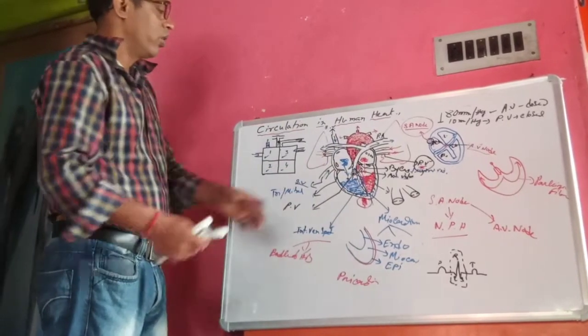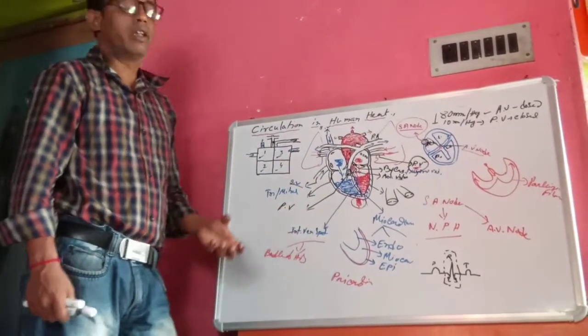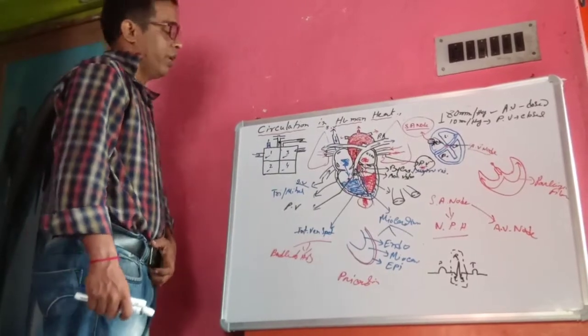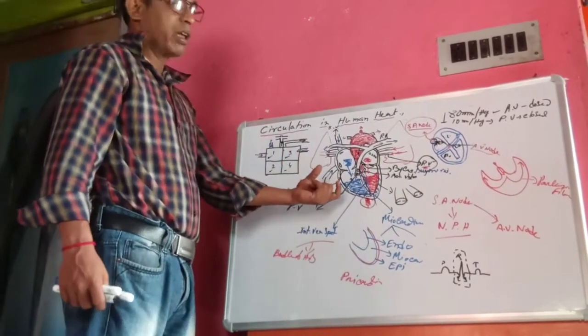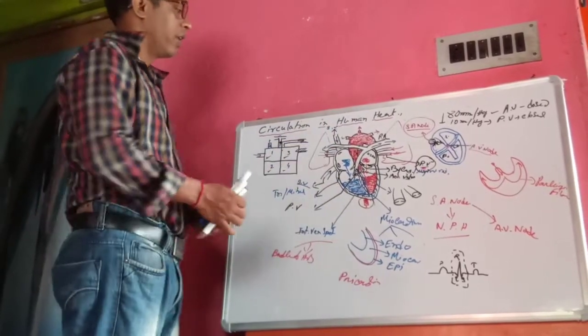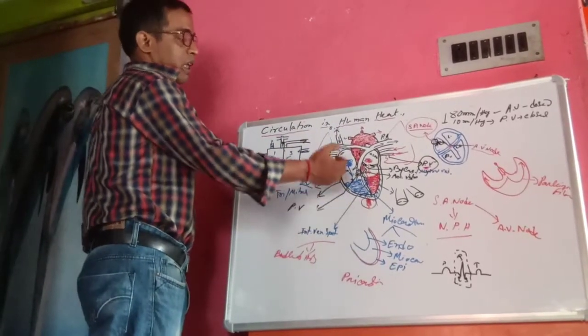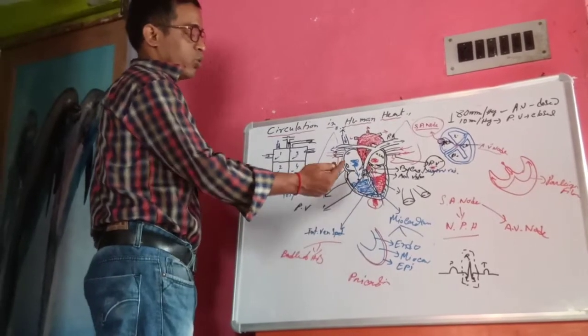Clear? Now, when our heart is in contraction position, that is in systole, the blood gets an upthrust. Clear? Now, when blood gets the upthrust, it takes two paths.